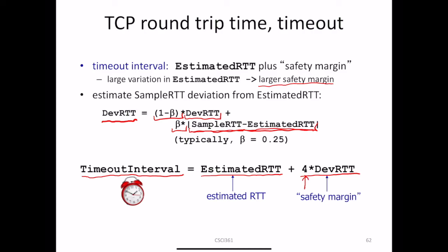But this question is out of the domain of this class, so we are not going to do the mathematical analysis for this equation. If you are really interested in how they got this number 4, you can search online by yourself, and probably you will find the answer which can satisfy your questions.